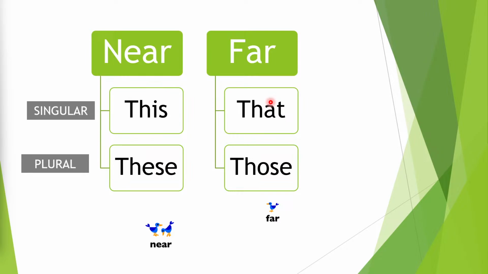Okay, something important about this, guys, is that it is going to depend on the perspective. For example, something can be near for me, under my perspective, but maybe for someone else it is going to be far. It means that we're not going to concentrate so much on, okay, is this near me?